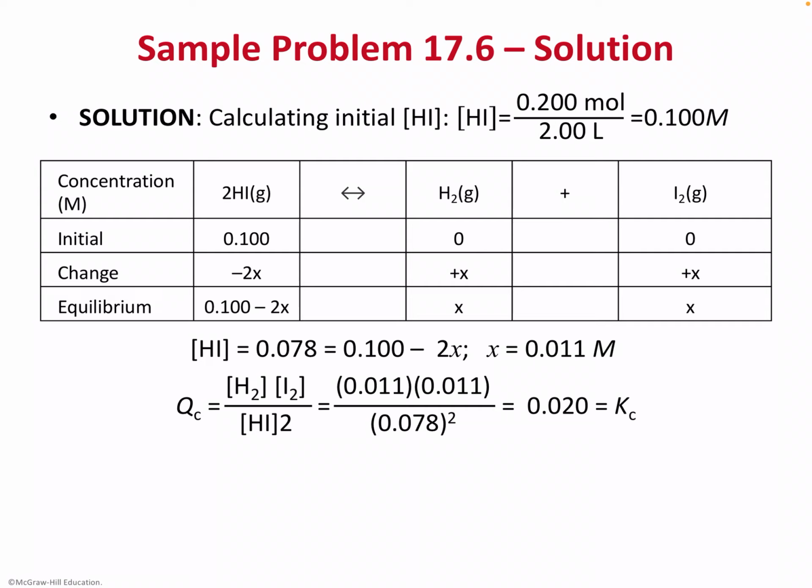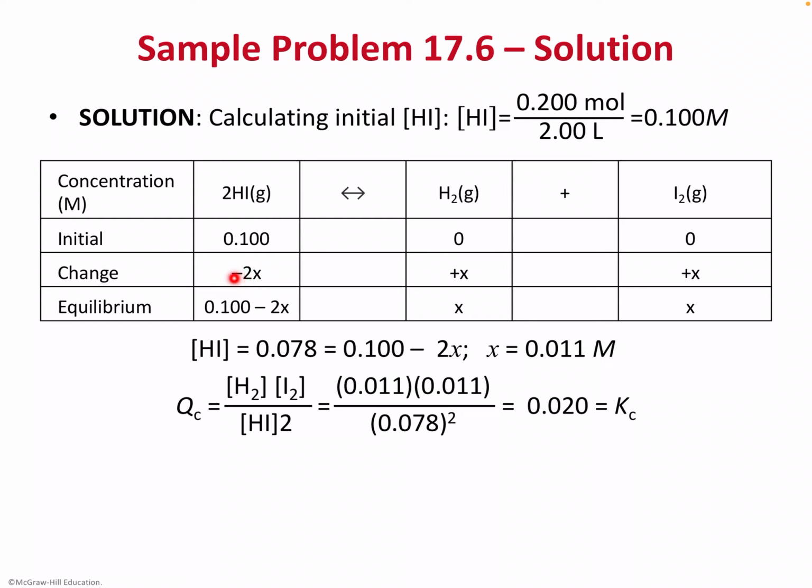This is how I showed you. Calculate the initial hydrogen iodide, 0.2 over 2, 0.1 molar. Then you construct the ICE table, 2HI giving you hydrogen and iodine. Initially we have 0.1 molar HI, which we calculated here, and the initial amounts of hydrogen and iodine are 0 because no product has been formed yet. The change, since it's 2 HI, 1 hydrogen, 1 iodine, is negative 2x for HI.